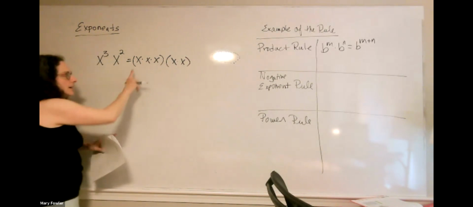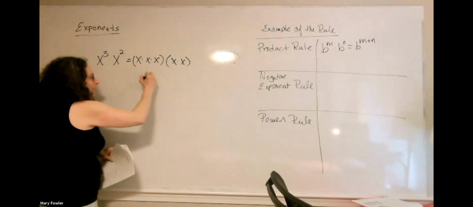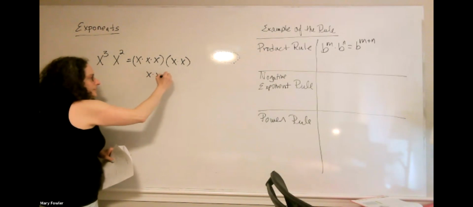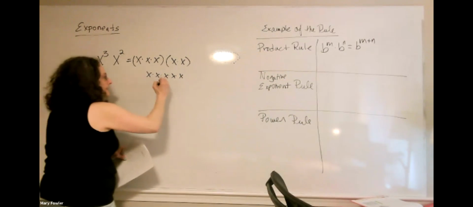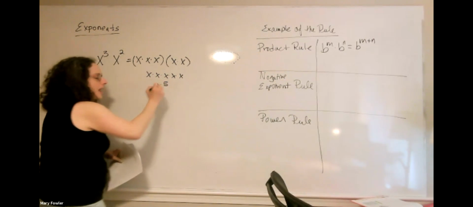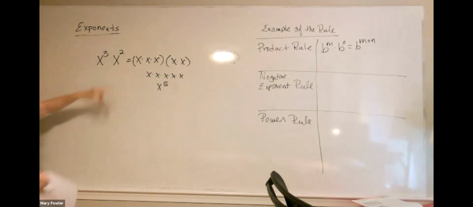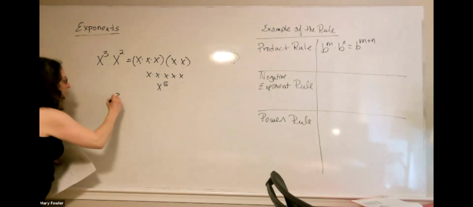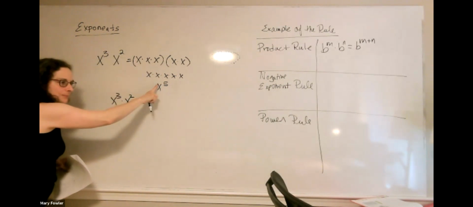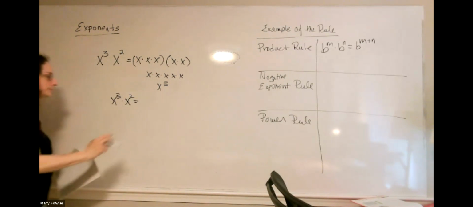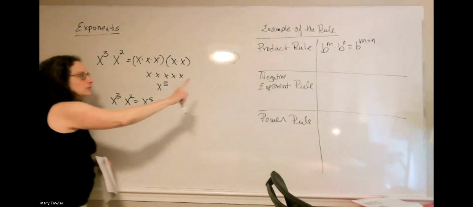When we multiply, we can multiply all together, so we have x multiplied by itself 5 times. So x cubed times x squared is x to the fifth, and that'll help us remember this rule.